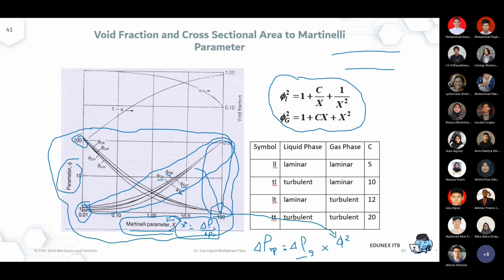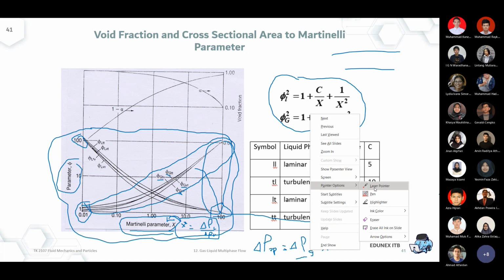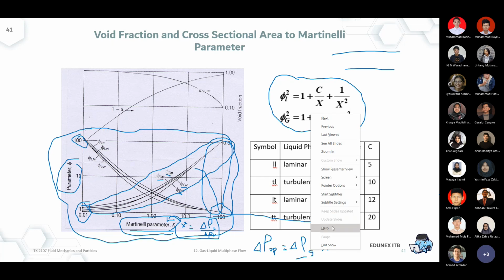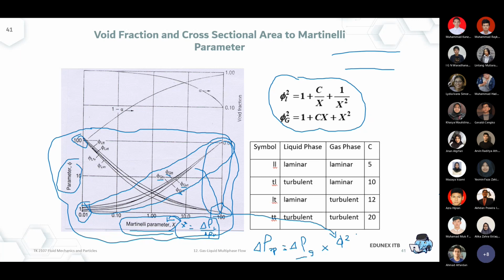And what's the consequence for this overall two-phase pressure drop correlation? Now it would be 10,000 times higher than the pressure drop for a pure gas. That's how extreme the pressure drop could be for a two-phase flow.